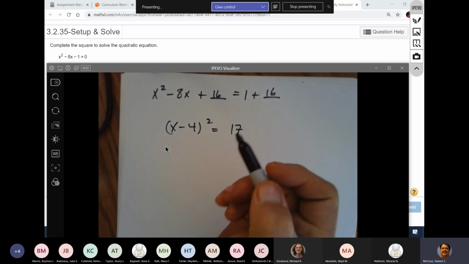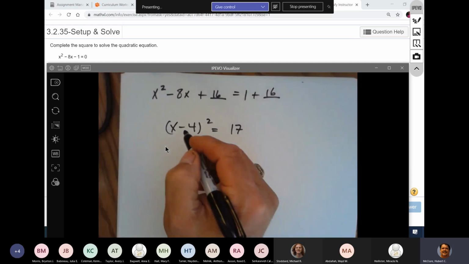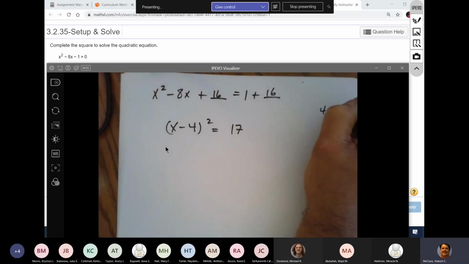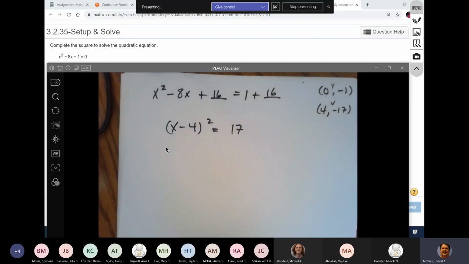All right, so our vertex is 4, negative 17. Our y-intercept is 0, negative 1. And let's find our x-intercepts.